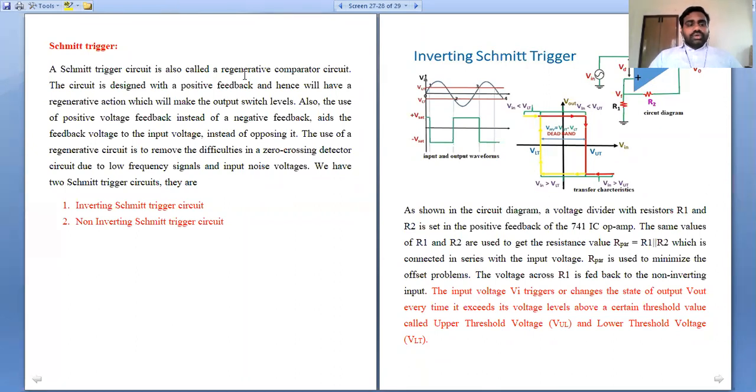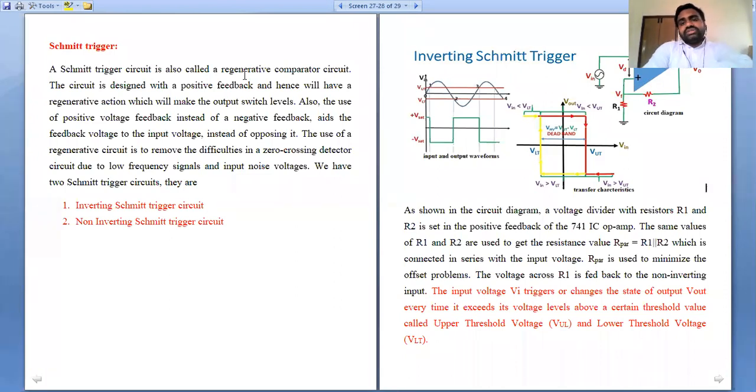So we have to design a comparator application with strong noise immunity, that is the Schmitt trigger. And the second thing is that the zero crossing detector does not operate at low frequency signals. It is limited to high frequency signals, but it does not work for low frequency signals.